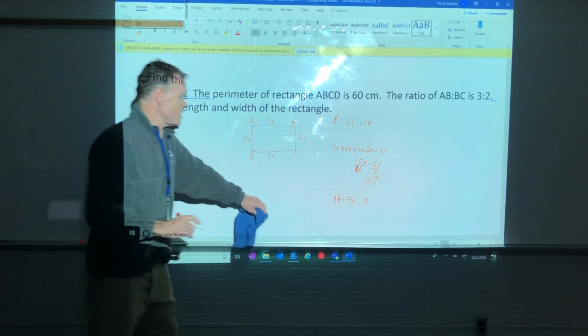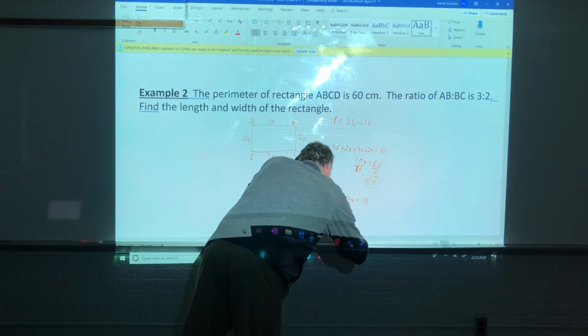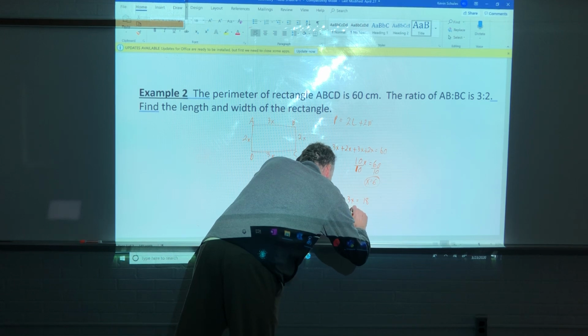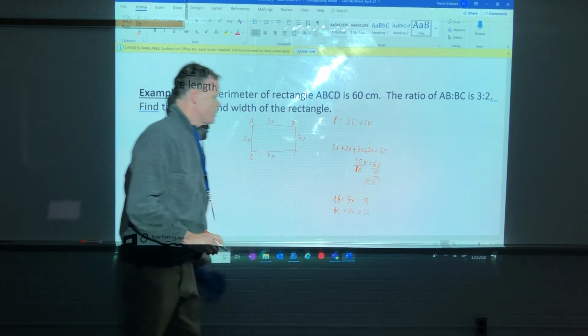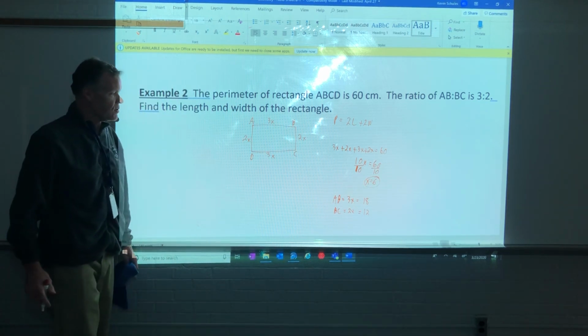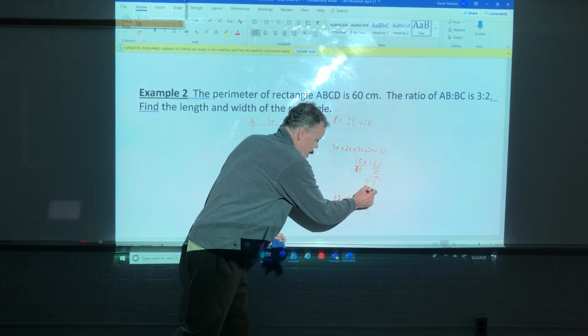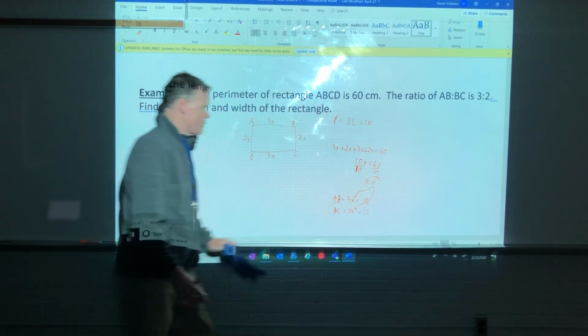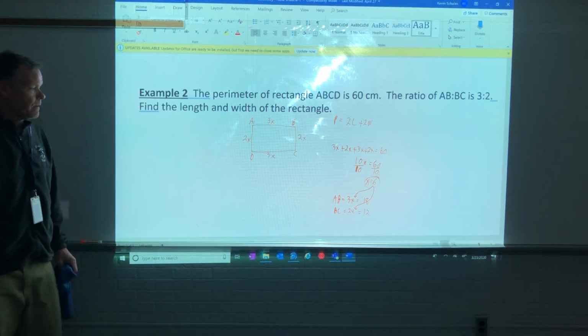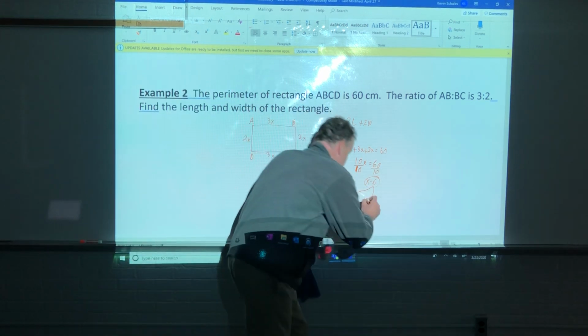And BC is going to equal 2x, 2 times 6, and that's going to be 12. Okay, we just put the value of our x in there. And we should also put centimeters here.